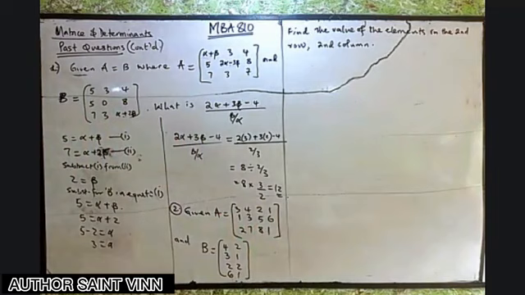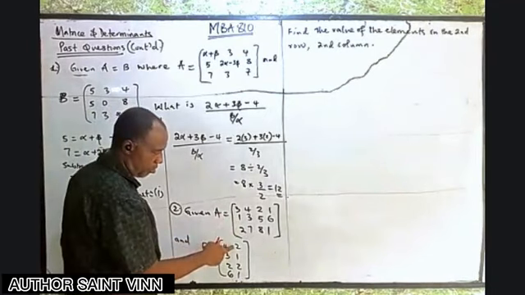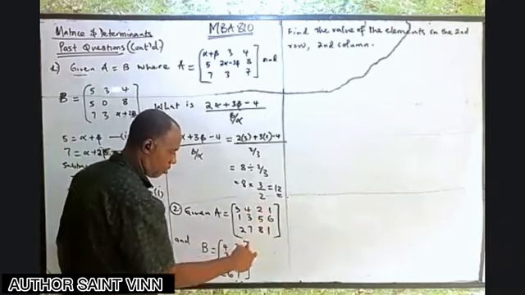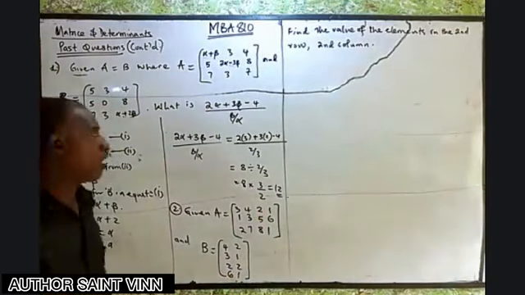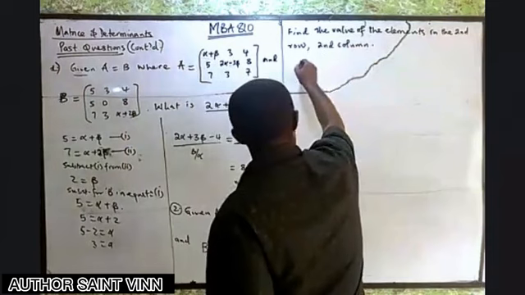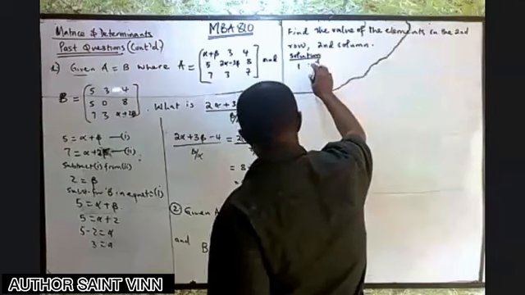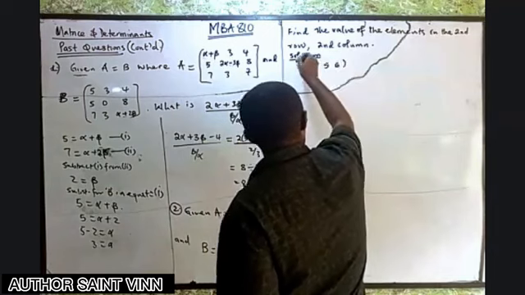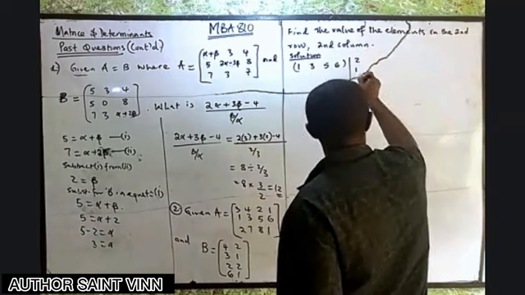You don't have to multiply everything. The calculator can do it. Okay, 1, 3, 5, 6 multiplied by 2, 1, 2, 1.